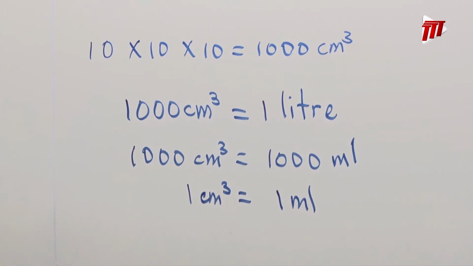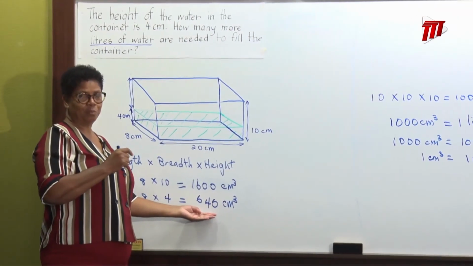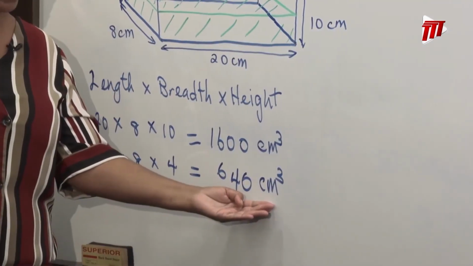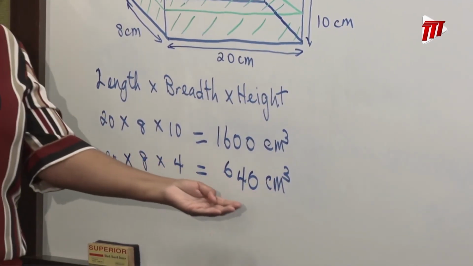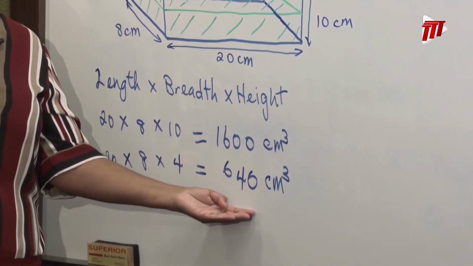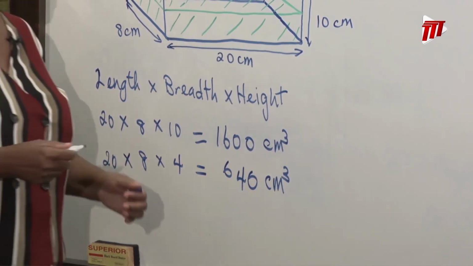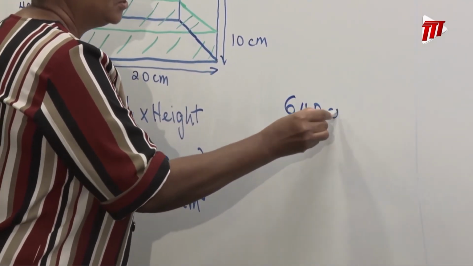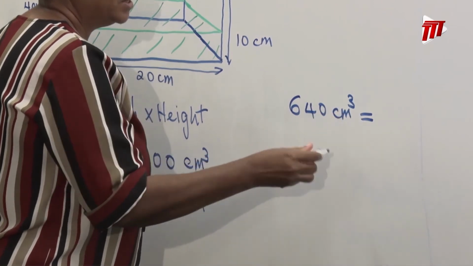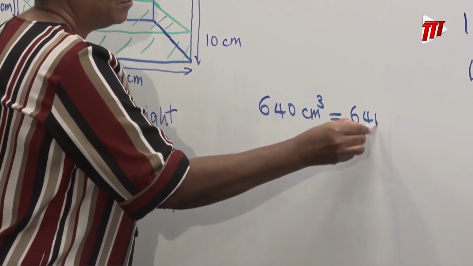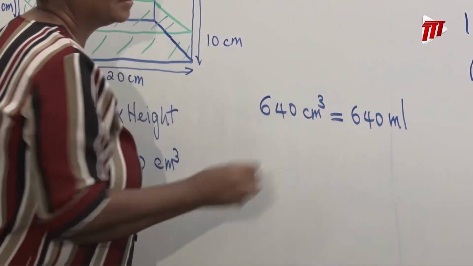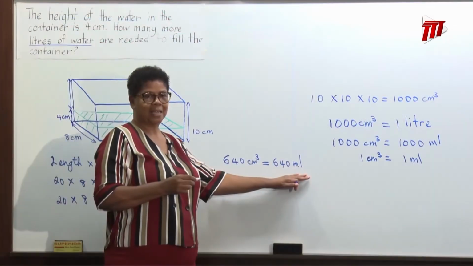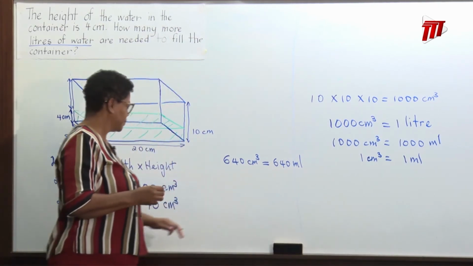So, the amount of water that is presently in the tank is 640 cubic centimeters. So I'm going to write that down in milliliters. 640 cubic centimeters will be equal to 640 milliliters. That's the amount of water in the container presently.